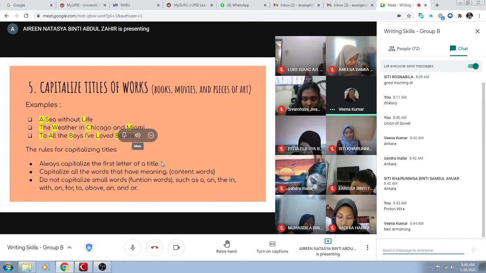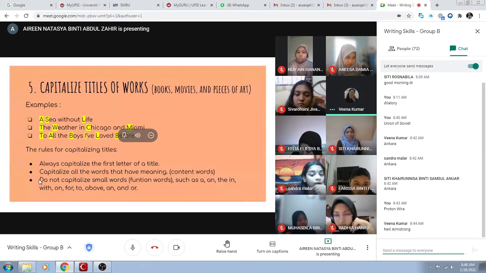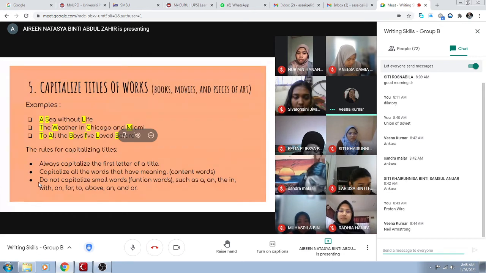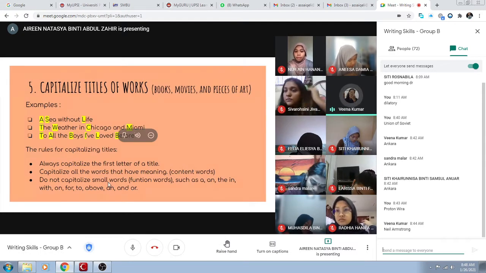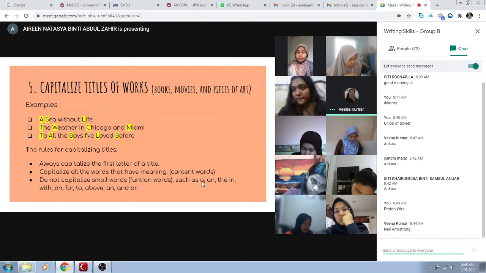Veena, you see the slide? Read the rules for capitalizing titles, bullet number 3. Do not capitalize small words, function words such as a and in. So do we capitalize a?